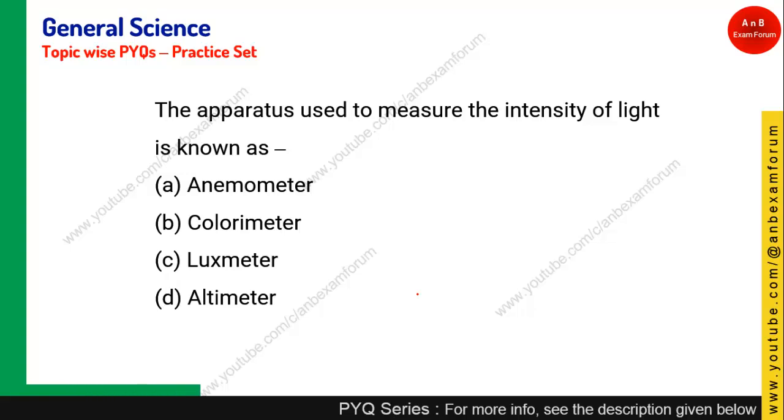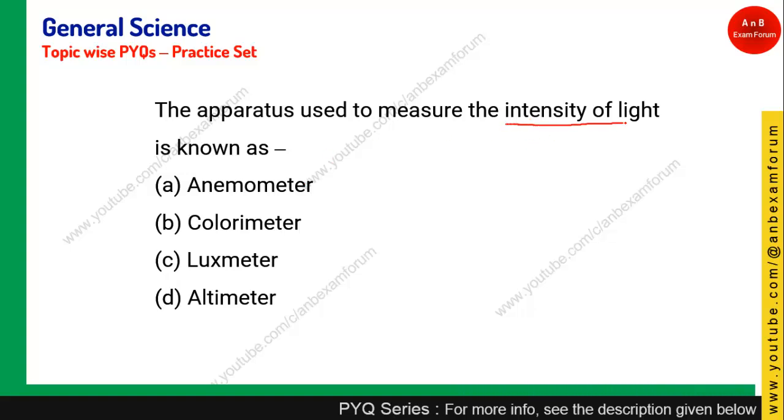the apparatus which is used to measure the intensity of the light. Okay, so this time the question says which device is used to measure the intensity of the light. Let's see one by one. Anemometer, you know that it is going to measure the wind speed and the direction. Colorimeter is basically used when you want to find the strength of concentration using colors.